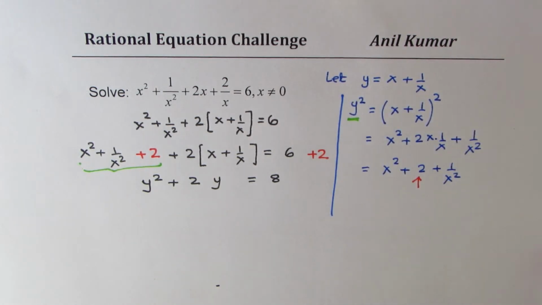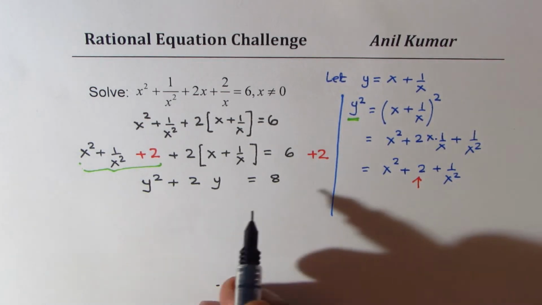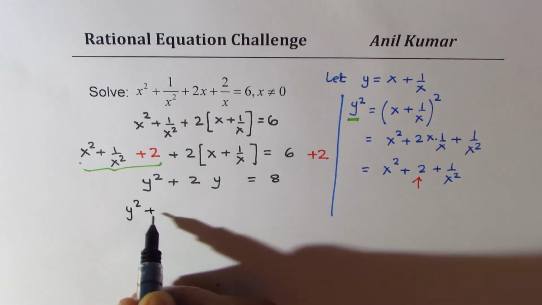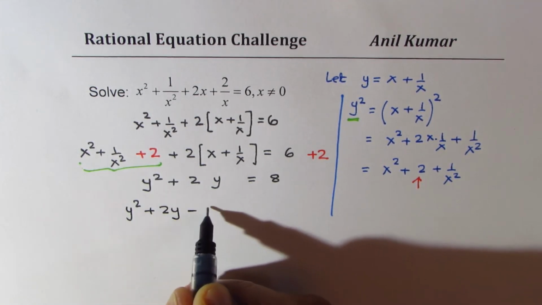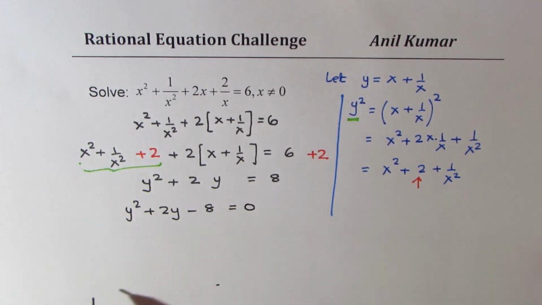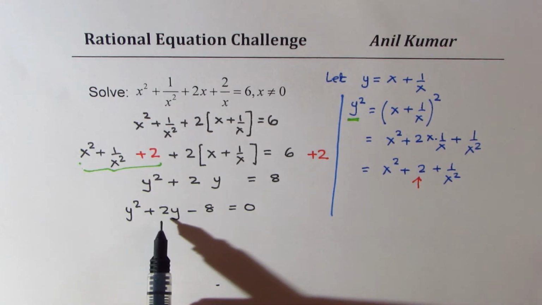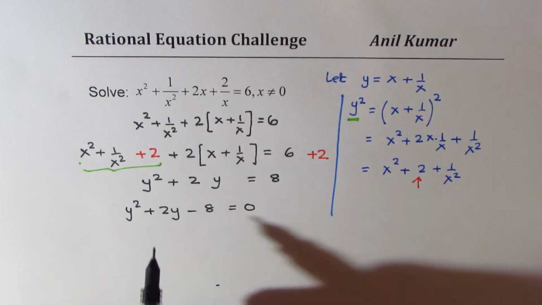You see that? So this is a very familiar equation. It's a quadratic equation which we can easily solve. So let's bring all the terms together. We have y squared plus 2y minus 8 equals 0. Product of 8, sum of 2: negative 4 times 2 can work, right?